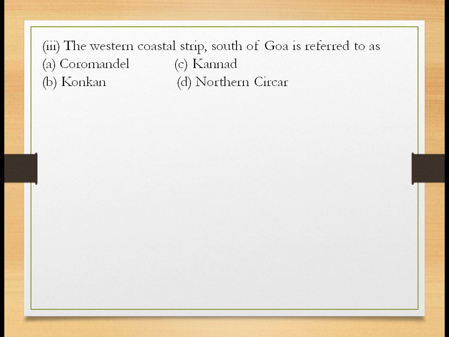So 2 options remain, Konkan and Kannad. As it is south of Goa, and Konkan is in the north, Kannad is the correct answer. So answer C, Kannad, is the correct answer.